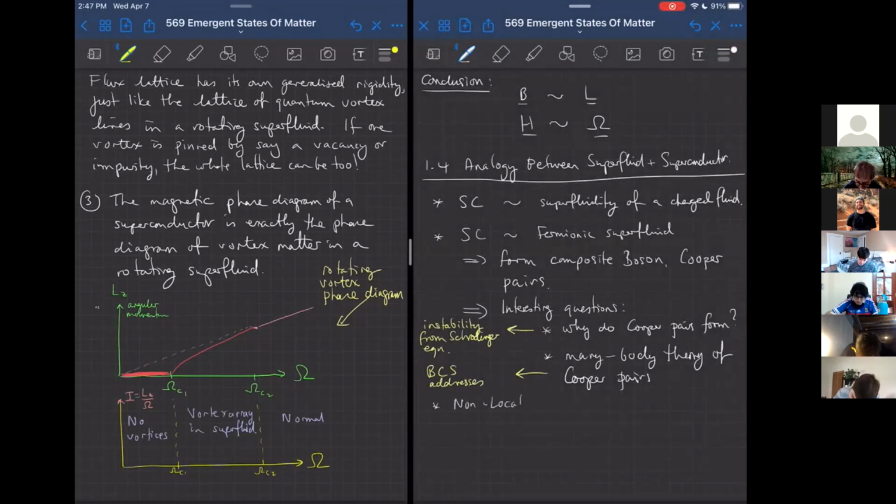So the average radius of a Cooper pair encompasses about 10 to the 6 other Cooper pairs in a weak coupling superconductor.